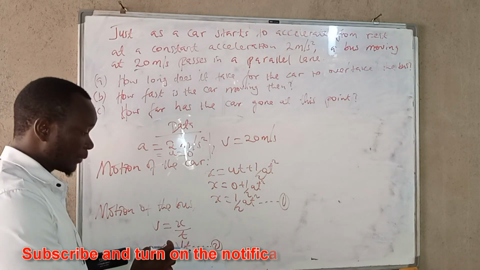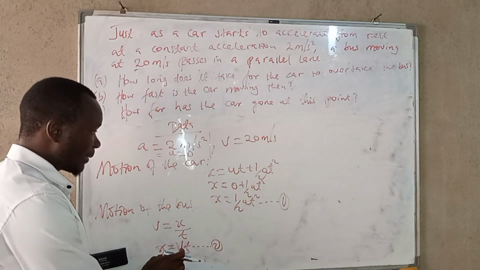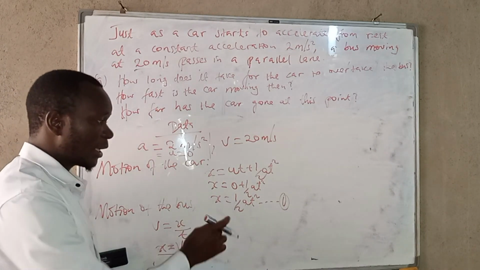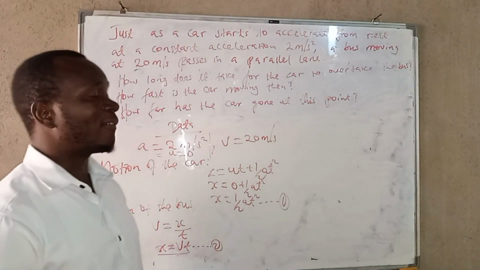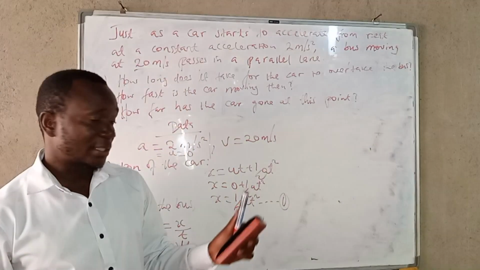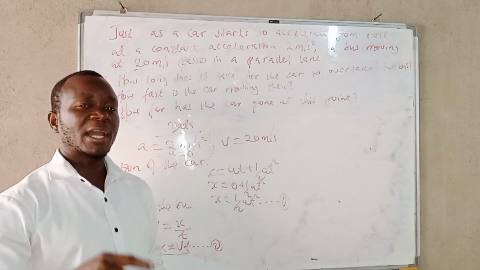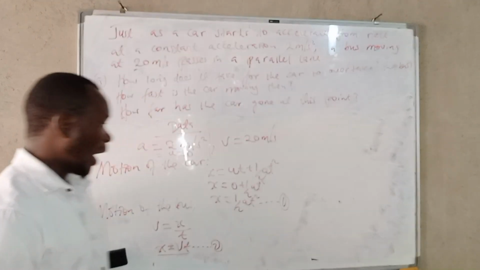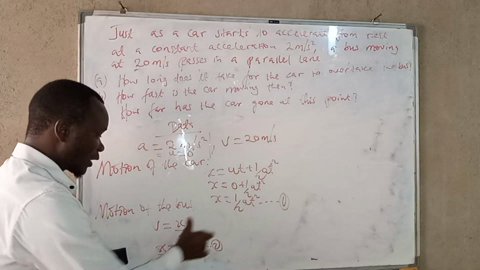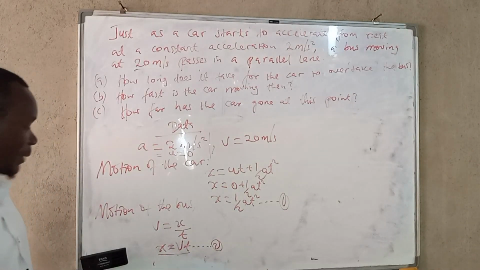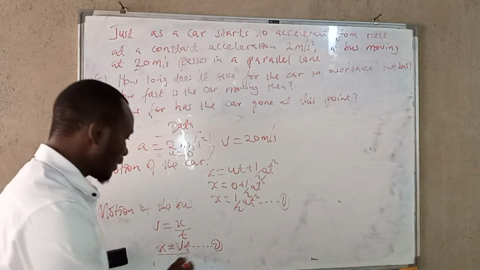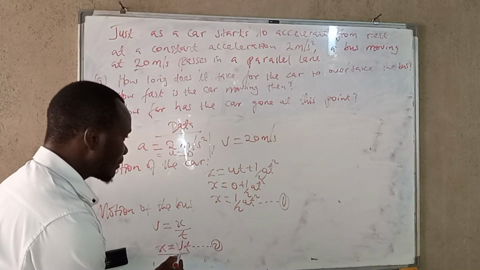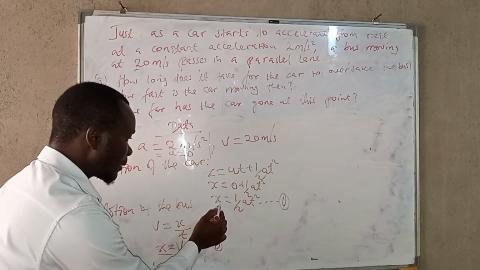From this point, we know that this is displacement and this is displacement. And in order for the car to overtake the bus, both the car and the bus must cover the same displacement. This is the displacement of the car, this is the displacement of the bus. So we can say this displacement is equal to this displacement.